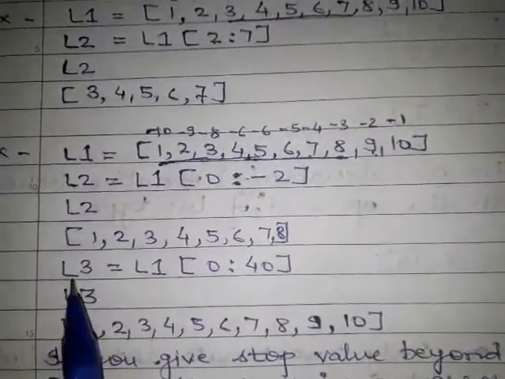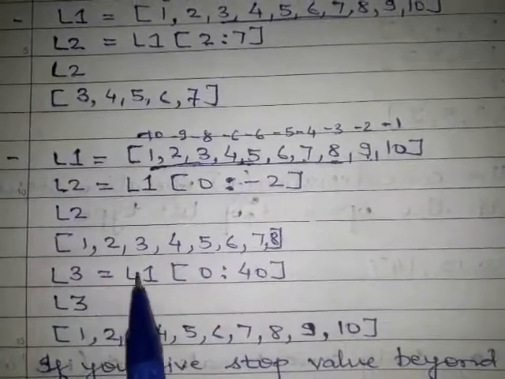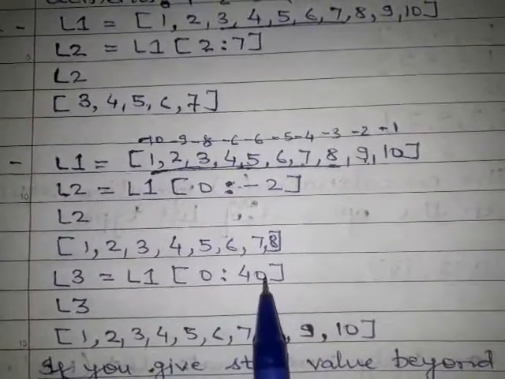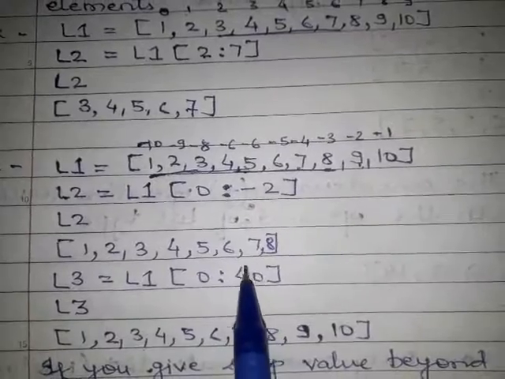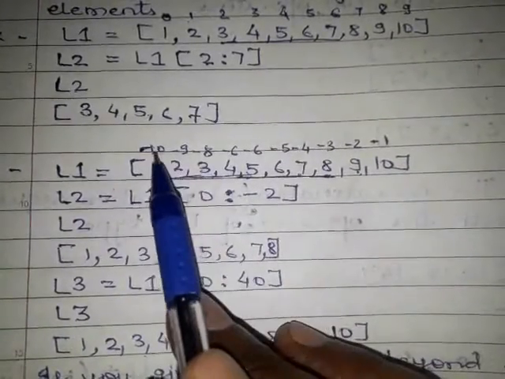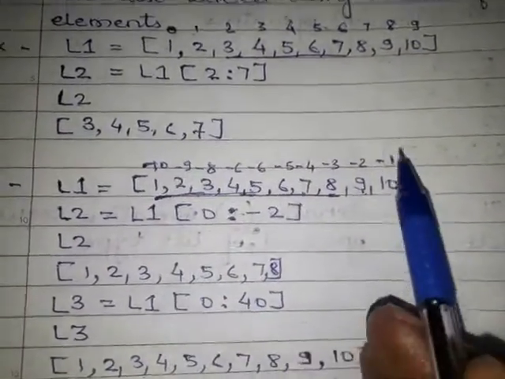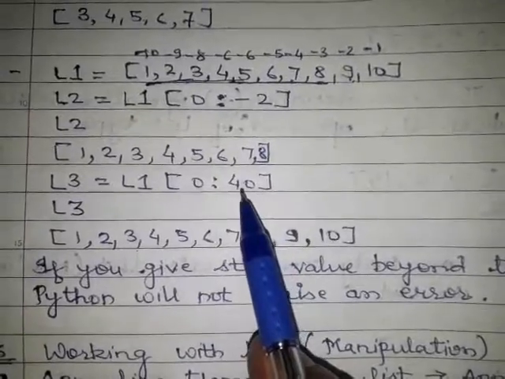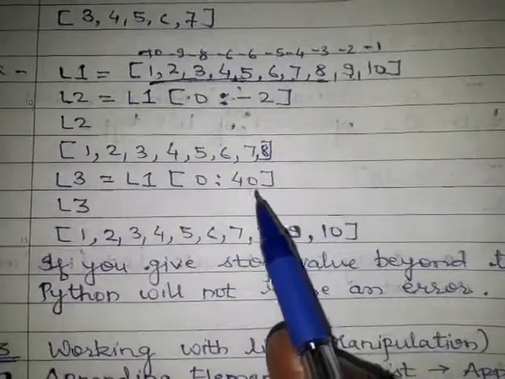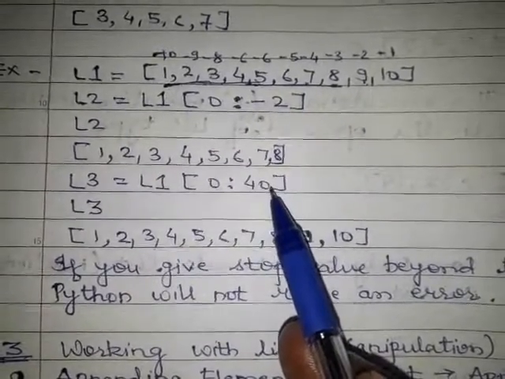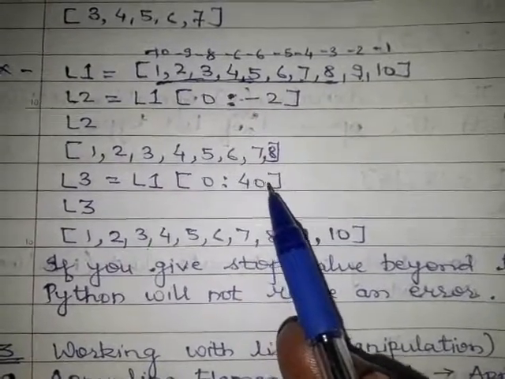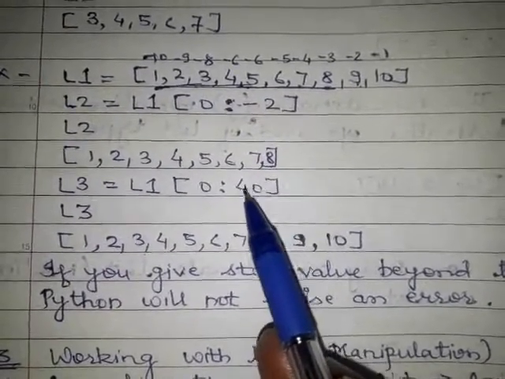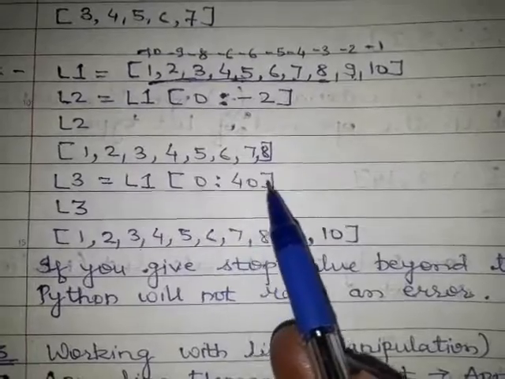Now L3 equals L1 0 to 40. 40 is such an index which is not in our list. Look here, same list, the last index is 9, and 40 is much farther away from 9. But in this case there will be no error message, because all the list elements are within this range.